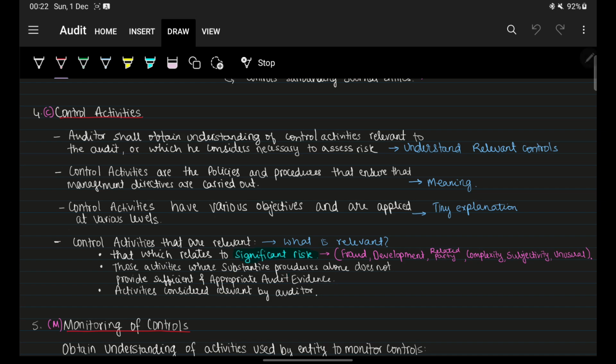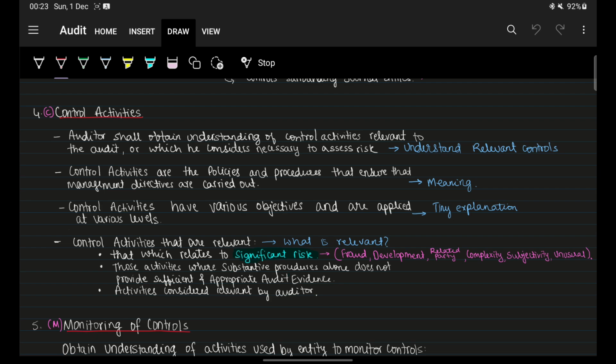So it comes to control activities, right? Like I told you about those journal entries, it could be setting a rule or something in the software that would require the manager's approval or a supervisor's approval before any particular transaction is entered into the system, right?